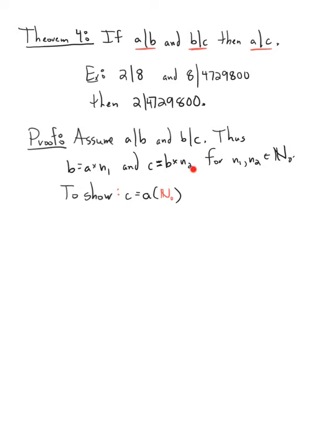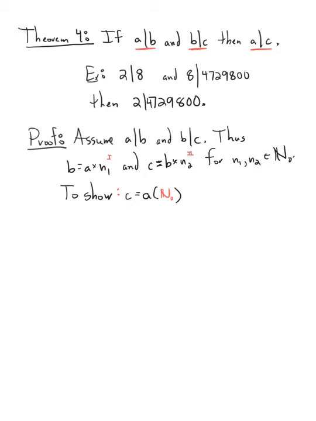Maybe I can do something with this right-hand side to make it look like A times some number. And if I think about it, I have this B here, and this B is A times some number. So I can substitute this equation in for here, and then I'm going to get A times n1 times n2. And n1 times n2 will be my whole number. So let's give names to these. Let's call this 1, and let's call this 2.